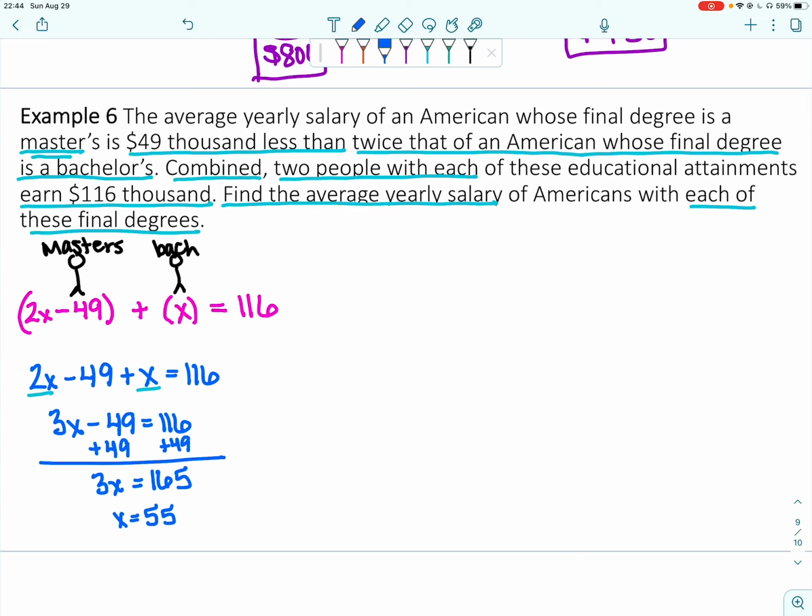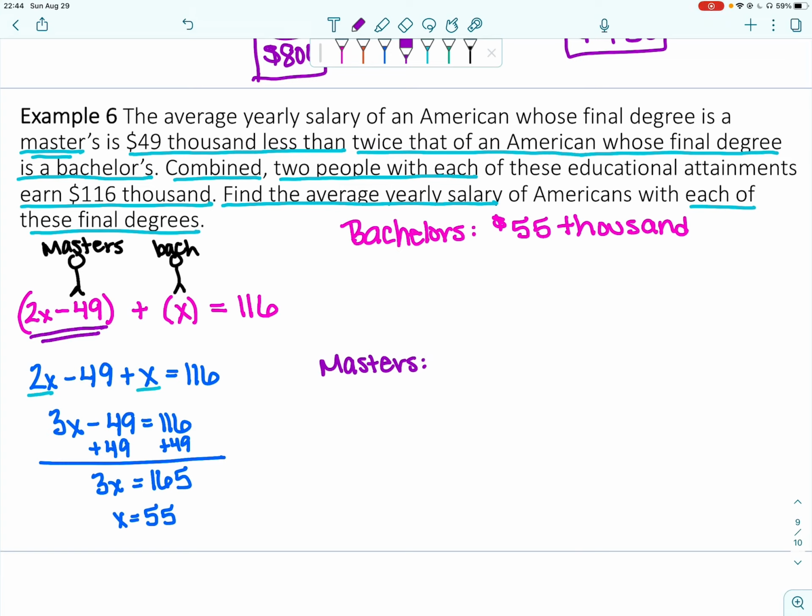So x represented what a bachelor's made. So the bachelor's makes $55,000. But I still need to figure out how much a person with a master's degree makes. Because the master's degree formula, I couldn't find that until I found the bachelor's.